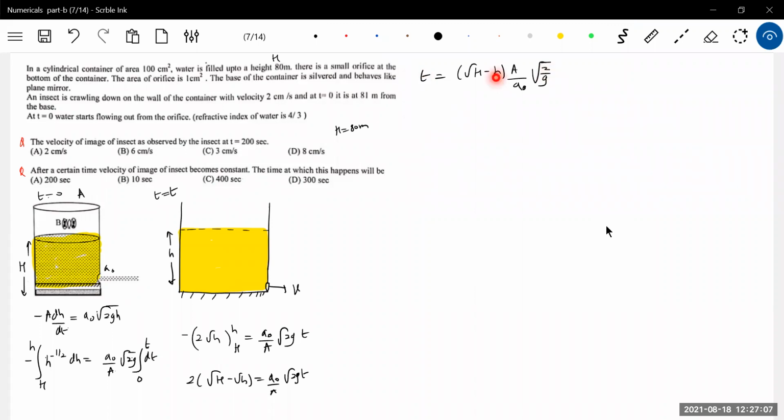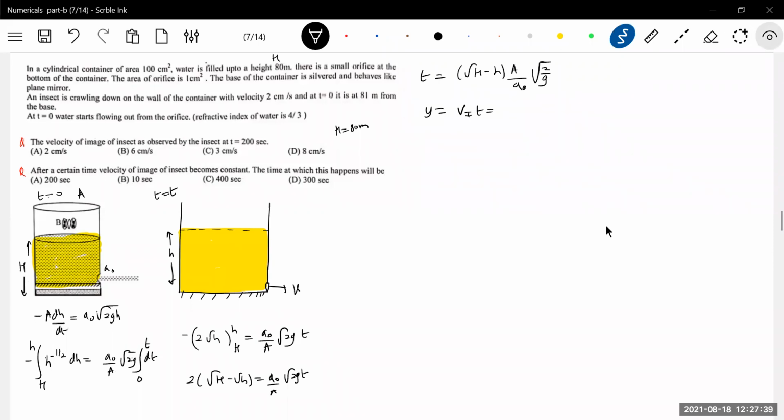Substituting all this, you'll get the level of liquid. Then at that instant, the insect at t equals 0 is at 81 meter from the base. Filled up to height H is this one, at 81 meter. At what depth, what height the insect will be there, we'll calculate from velocity of insect into time.